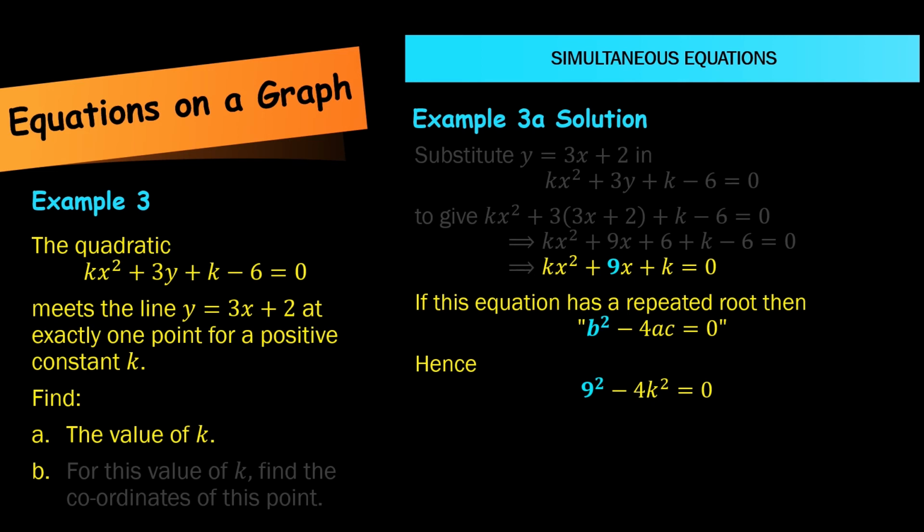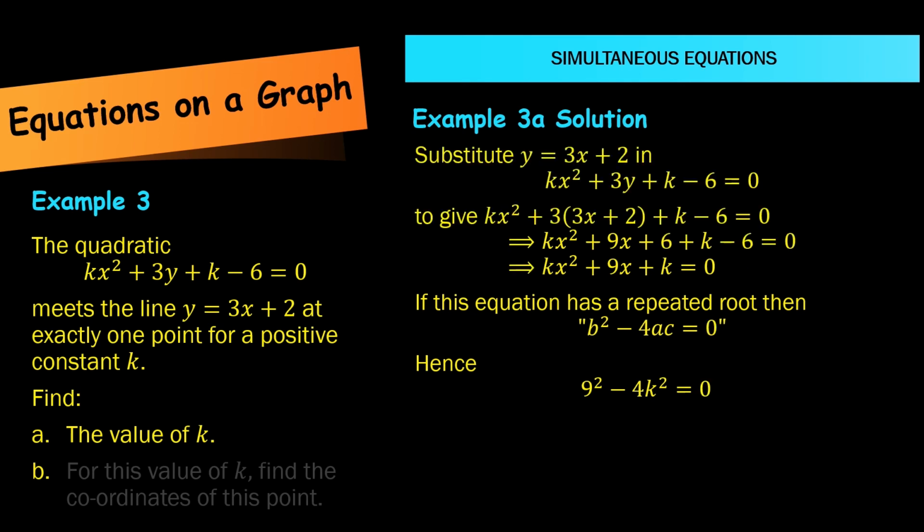So b is equal to 9. And ac equals k times k. So we substitute that in our equation. And now we solve for k.